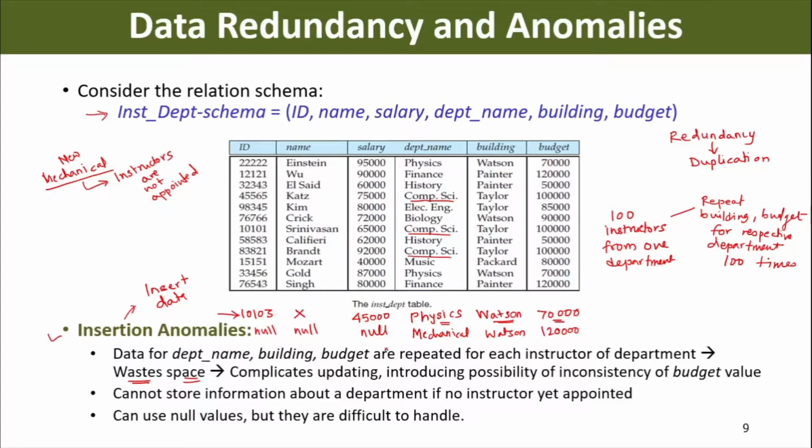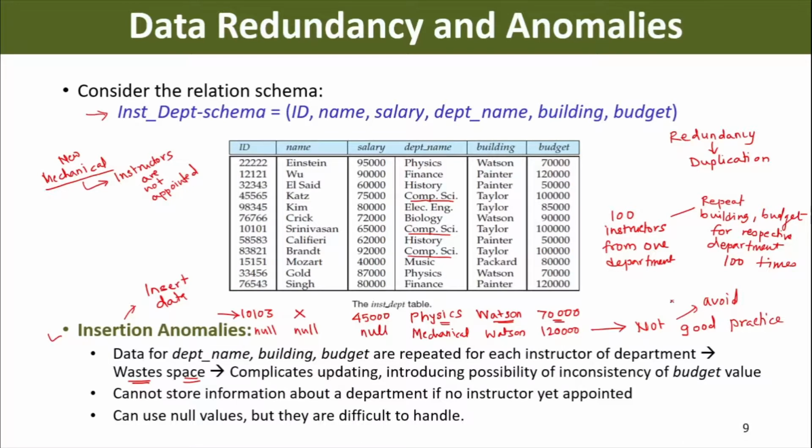So even though it is possible to use null values and store the new department, using null values is difficult to handle. So we should avoid using null values. Such a scheme of inserting the data for a new department with instructor attributes as nulls is not a good practice, and we should avoid such things.